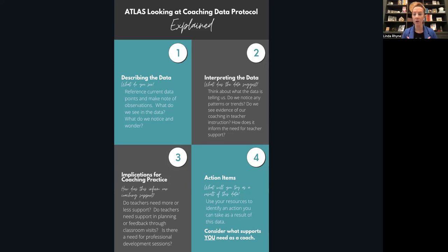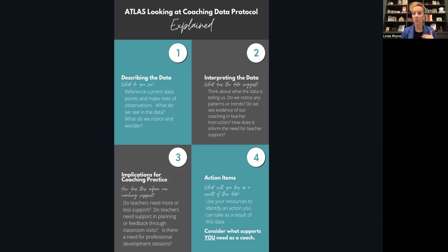And then again, we're going to try to identify some action items for ourselves. What am I going to do as a result of this data? Because having a data conversation is great, but not if we don't do anything with it. So we want to make sure that we're thinking about what kinds of supports we might need as a coach. Maybe we need to invite a colleague to come and observe us in a coaching conversation and give us feedback on the impact that we're having and the language that we're using.